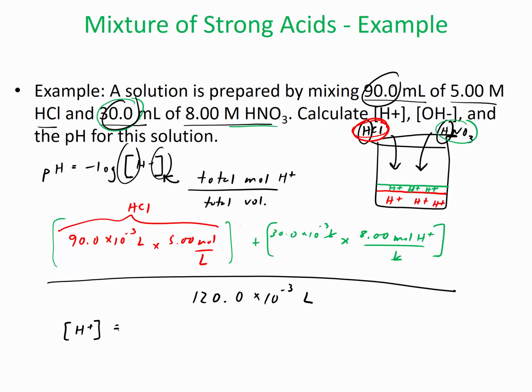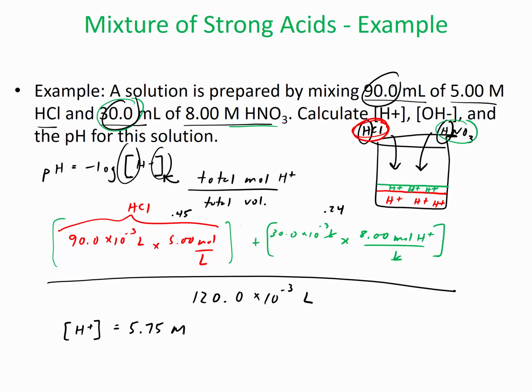So 90 times 5 is 0.45, and this is 0.24. I'm going to add those both and divide that by 120 milliliters. So I get 5.75 molar H plus.